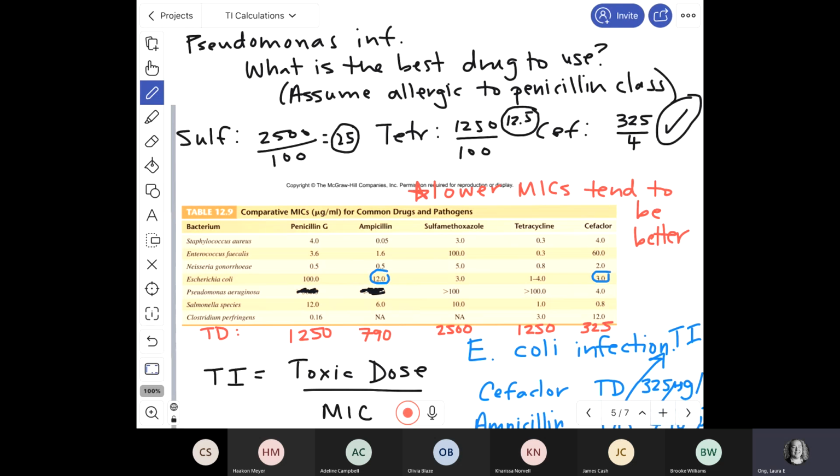Is that what you all got? Yeah, something similar to that. I chose 50 for my toxic dose, and I came out with low numbers for that. So you said you chose 50 for your toxic dose?